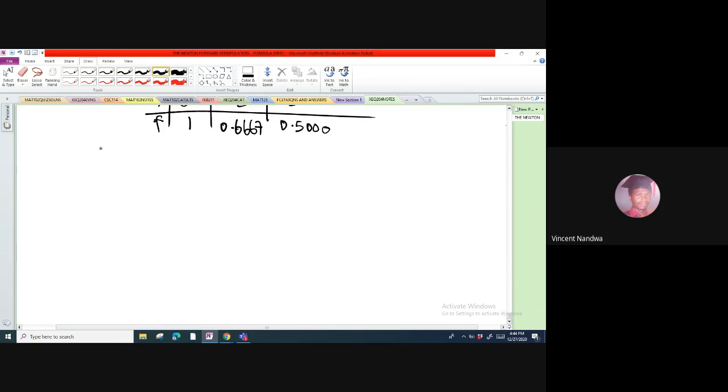So now by the trapezoidal rule, I will be h over 2, and remember h is 0.5. So 0.5 divided by 2 is the same as 5 over 20, which is the same as 1 over 4.